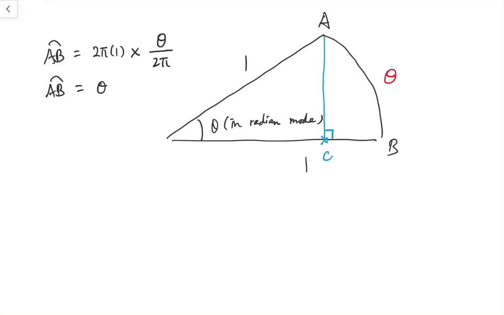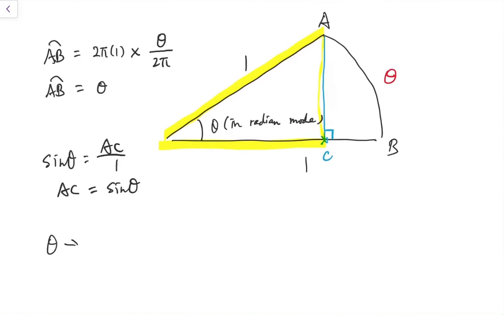Okay, the next, we are interested to find this AC. So in order to find AC, you can consider this triangle. So we get sine theta equals AC over 1. Then you'll find AC is sine theta, right?